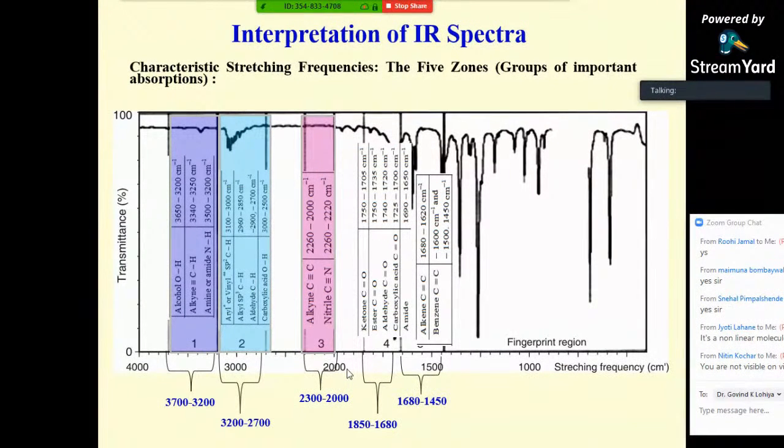Zone 3: triple bond region, maybe C triple bond C, C triple bond N. Zone 4: carbonyl region. And zone 5: C double bond C, aliphatic or aromatic region. This will help a lot in finding out an unknown functional group in your given spectra. So let us start here.